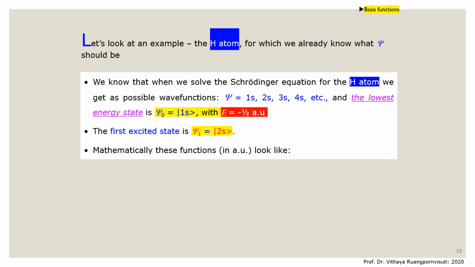Let's look at an example, the hydrogen atom, for which we already know what the wave function should be.